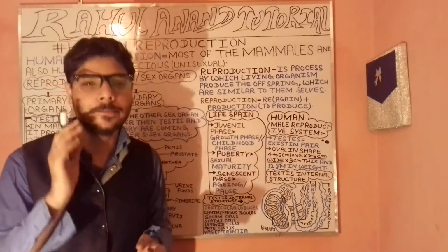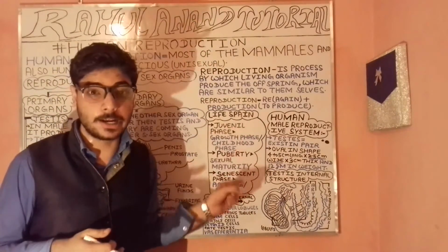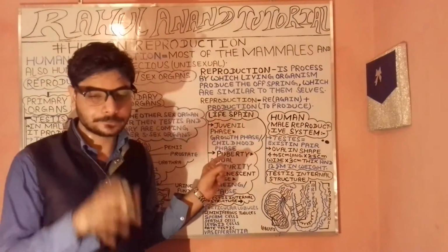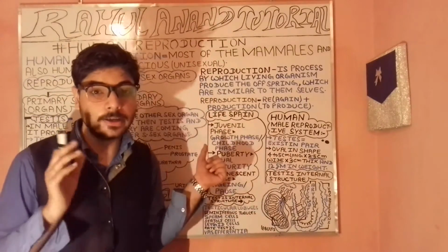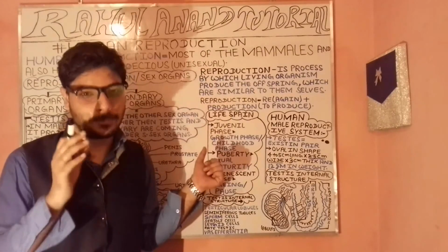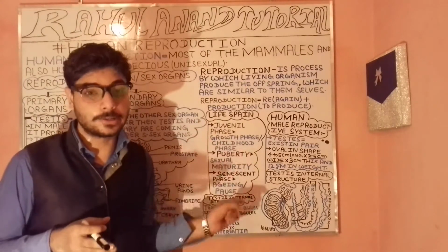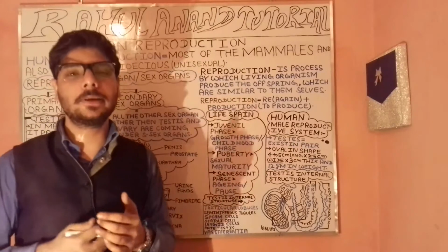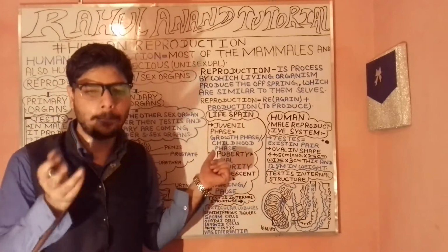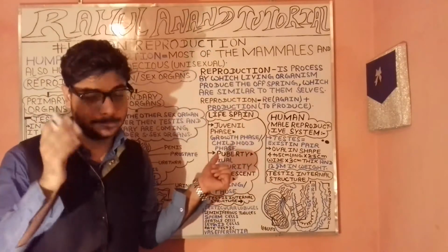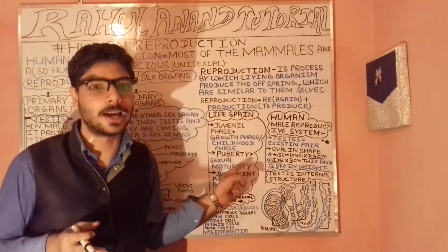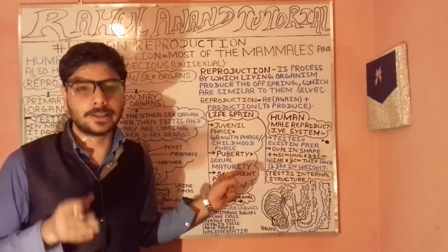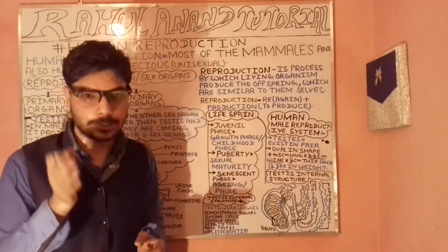Secondary sex organs are all the other organs apart from the testis in the male and the ovary in the female. We also covered the different phases of lifespan: the juvenile phase, the puberty phase, and the senescent phase.